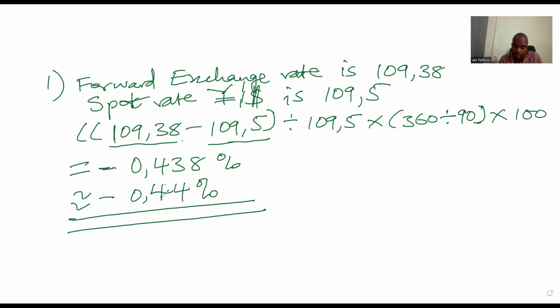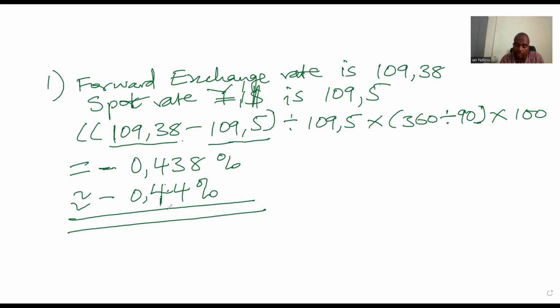It's an annualized forward discount of 0.44%. What it simply means in this scenario is that the yen is strong relative to the US dollar, since its forward rate is less than its spot rate.